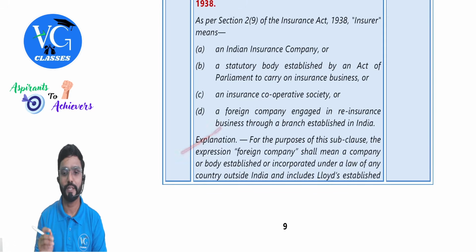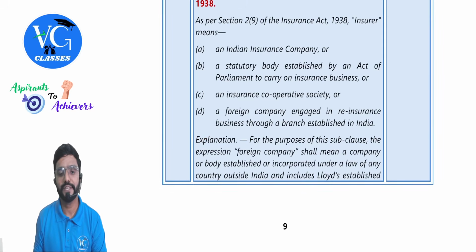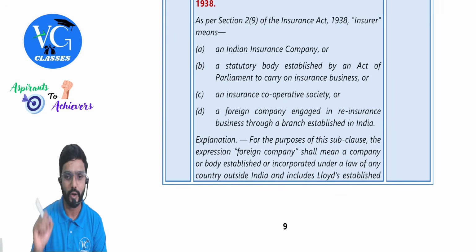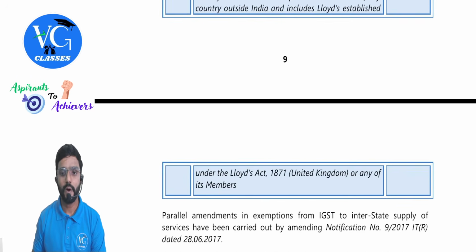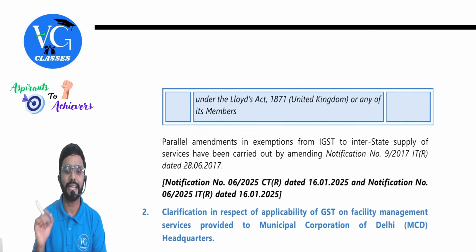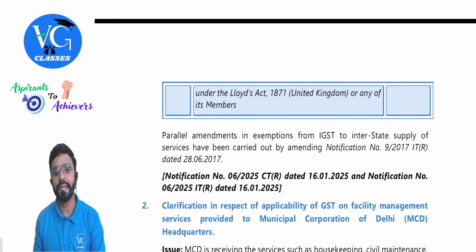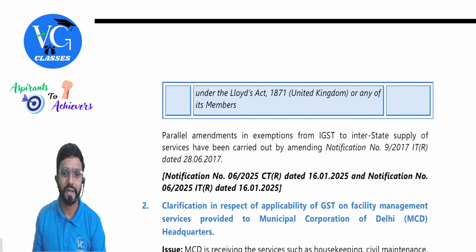Explanation for the purpose of this subclause: the expression foreign company shall mean a company or a body established or incorporated under a law of any country outside India, and includes Lloyd's established under the Lloyd's Act 1871 of the United Kingdom or any of its members.